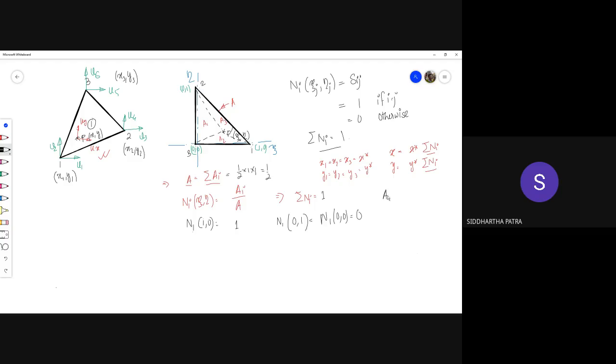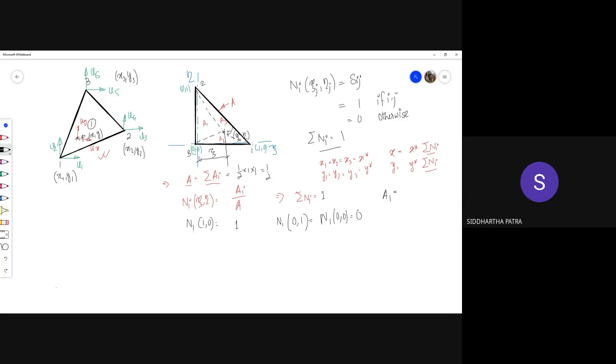Can you tell me how much is the area A1? You see, the coordinate of P prime is xi eta, right? So this distance from the line 2 3 is how much? Xi.